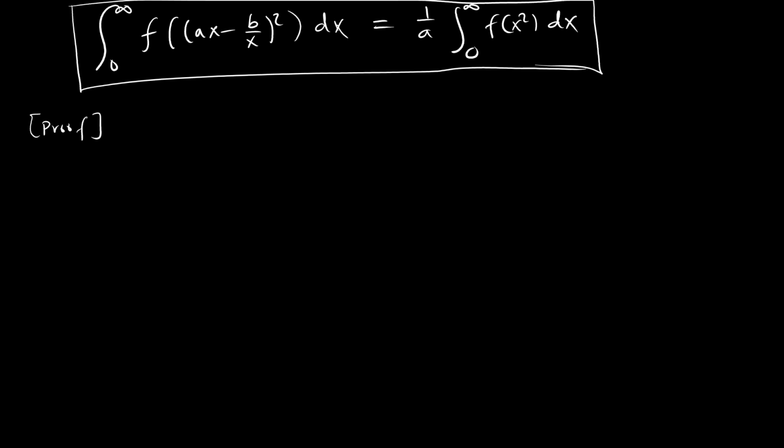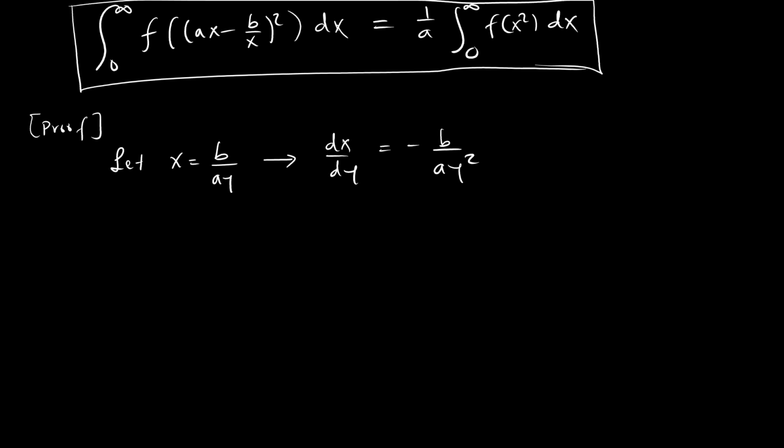The first thing we're going to do is let x be equal to b over ay. And what that means is that dx/dy is equal to negative b over ay squared.